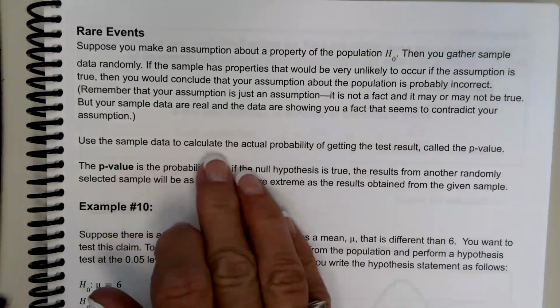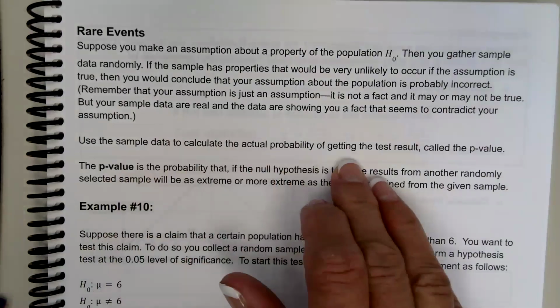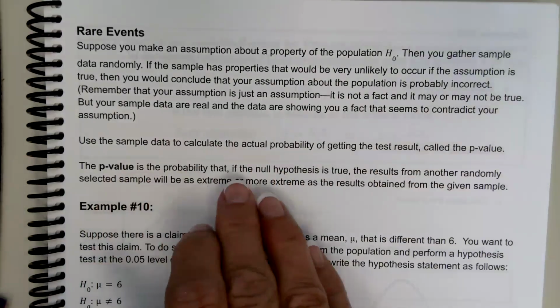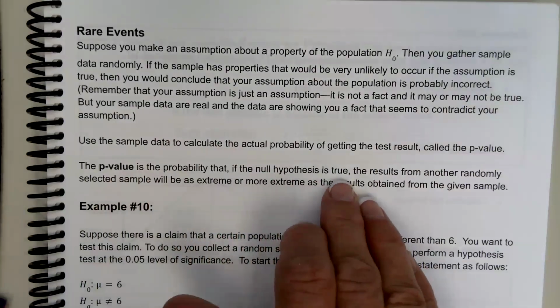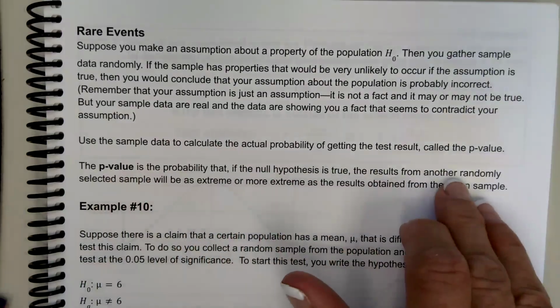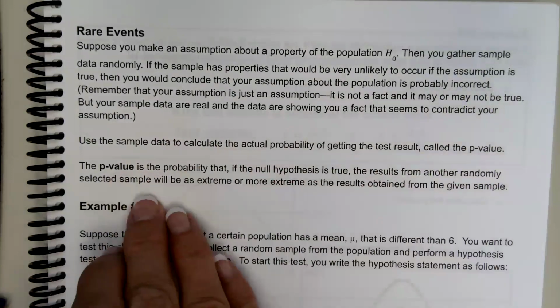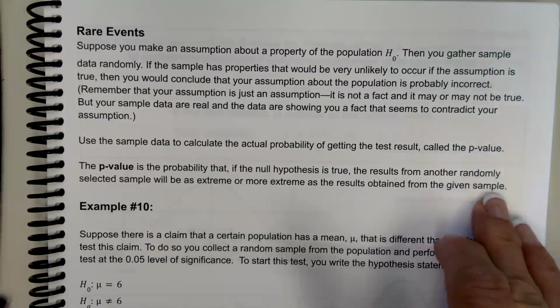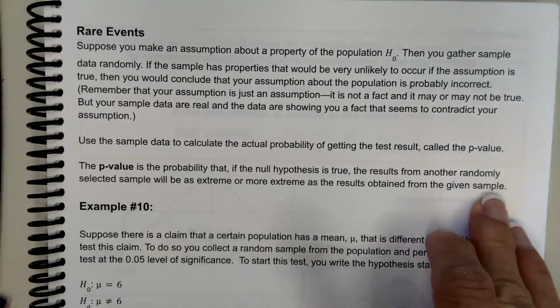Use the sample data to calculate the actual probability of getting the test result, called the p-value. The p-value is the probability that if the null hypothesis is true, the results from another randomly selected sample will be as extreme or more extreme as the results obtained from the given sample. Okay?